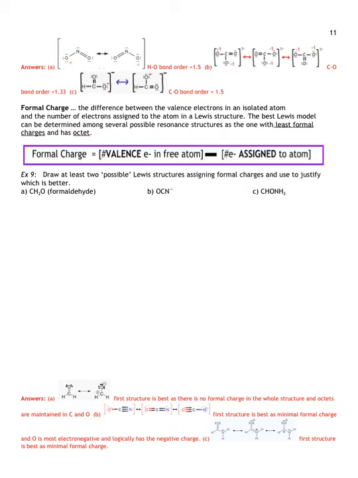The first one is formaldehyde, and it has carbon as our central atom. Carbon oftentimes is a central atom. Oxygen. I'm going to take my little shortcut for oxygen. And then there's hydrogen. And then there's another hydrogen.